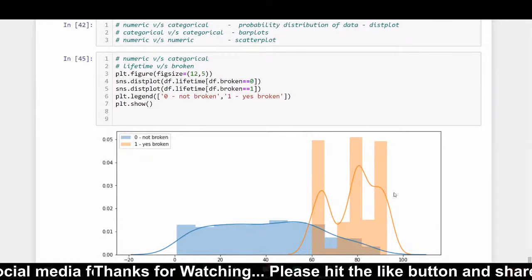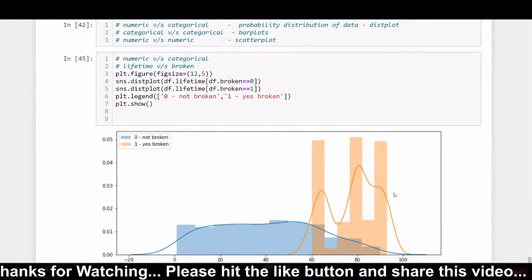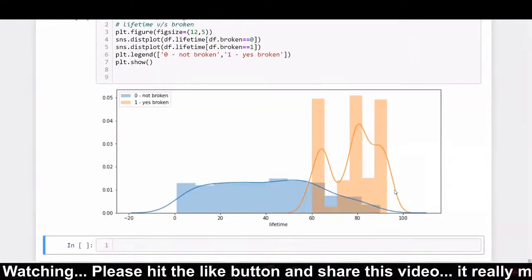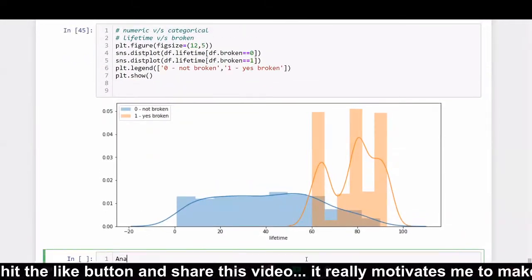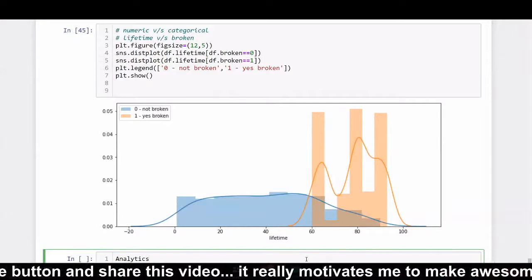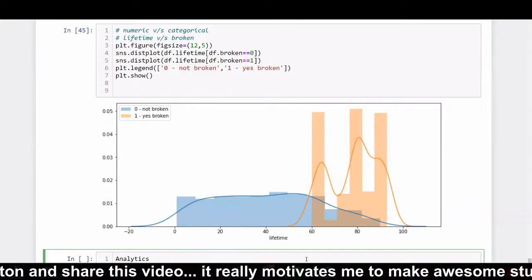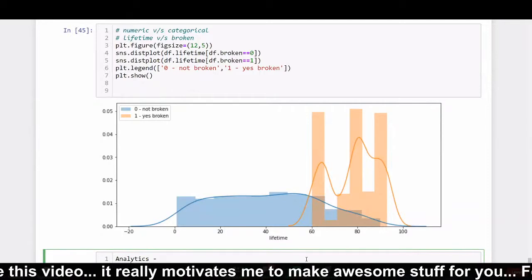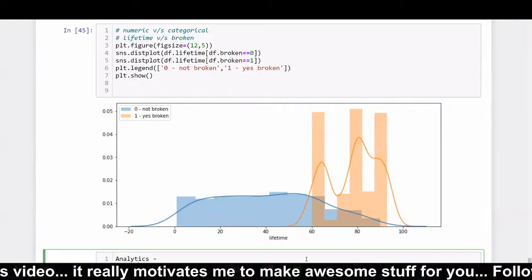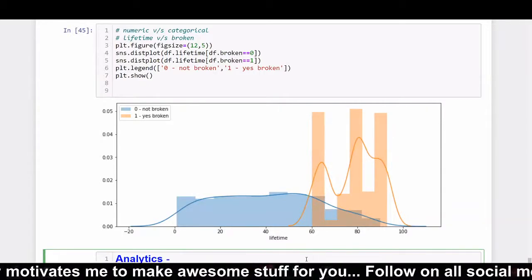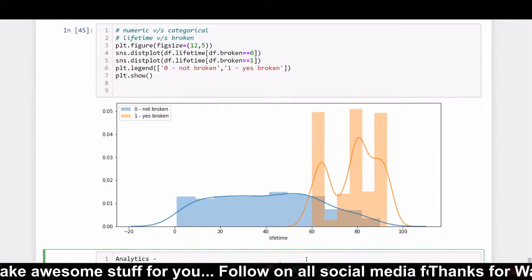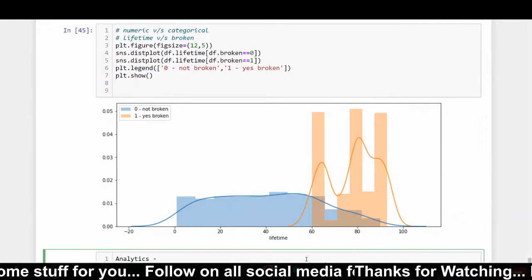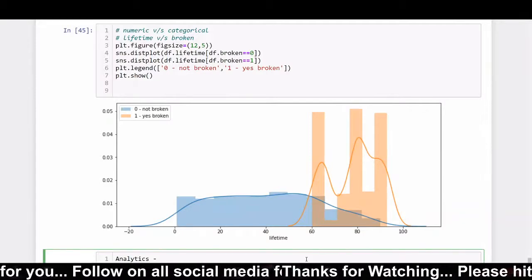Right. So do we all agree with the understanding of the pattern? What pattern exists here from this graph, everyone? Let me know. Right. So we can say that the analytics that exists here is almost all machines are surviving up to 60 months. Right.